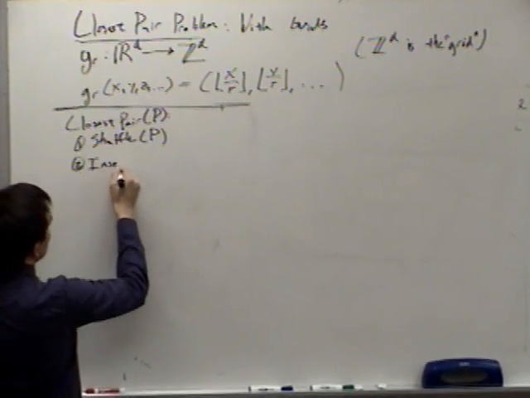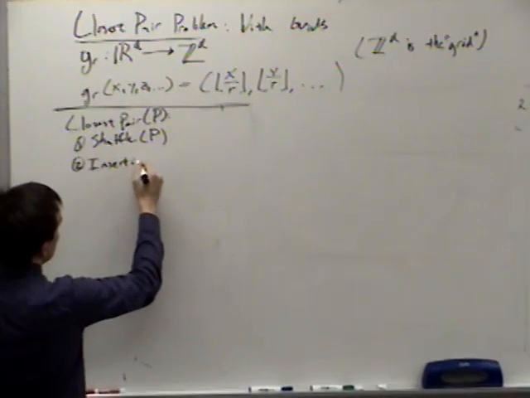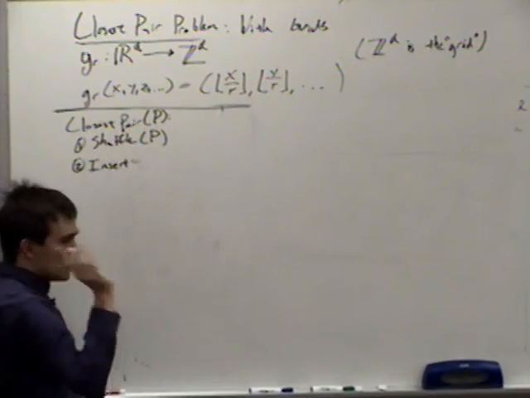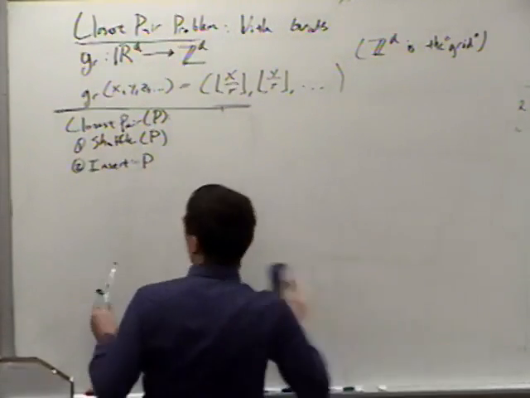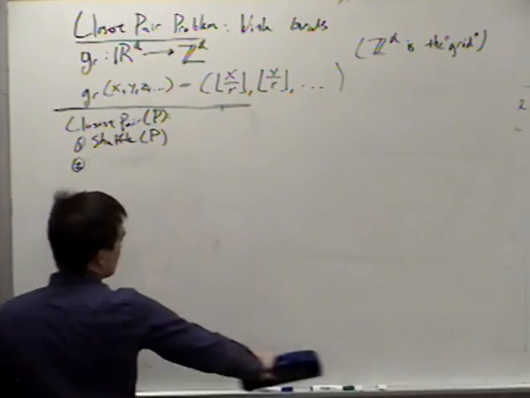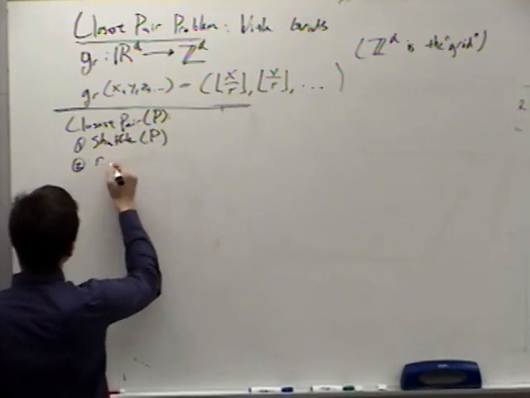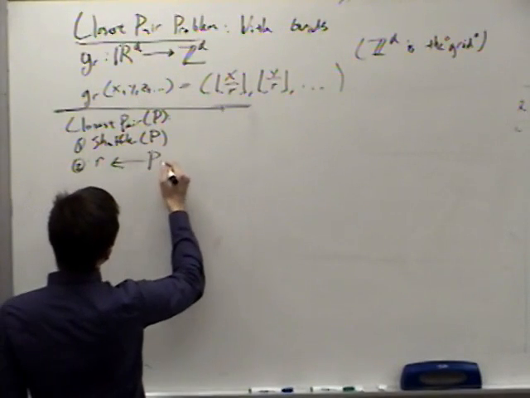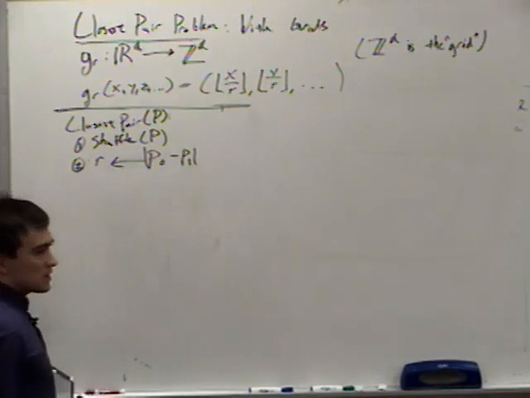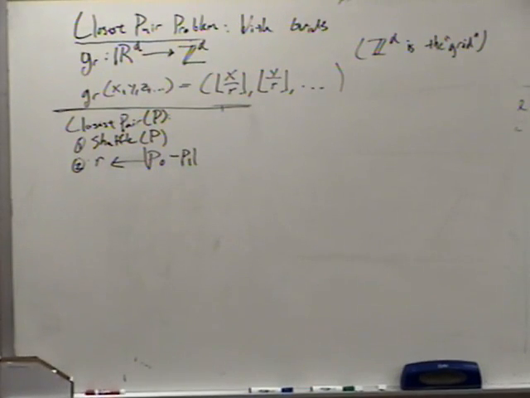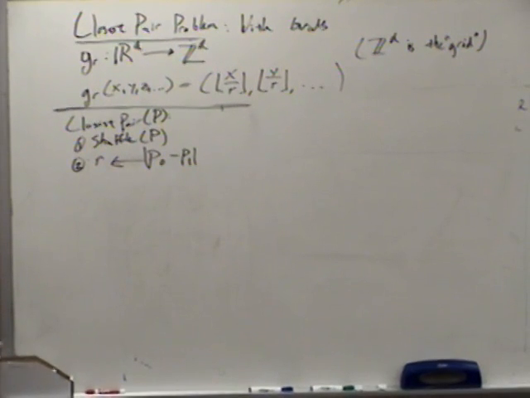So after we've shuffled them, we're going to start inserting these points into a grid. Or actually, no, let's write it like this. We'll define this parameter r, which is going to be the distance between the first 2 points inside this array. So we'll initialize r to a guess. We're going to guess that it happened to be that after we shuffled the points, the closest pair were the first 2 in the array.